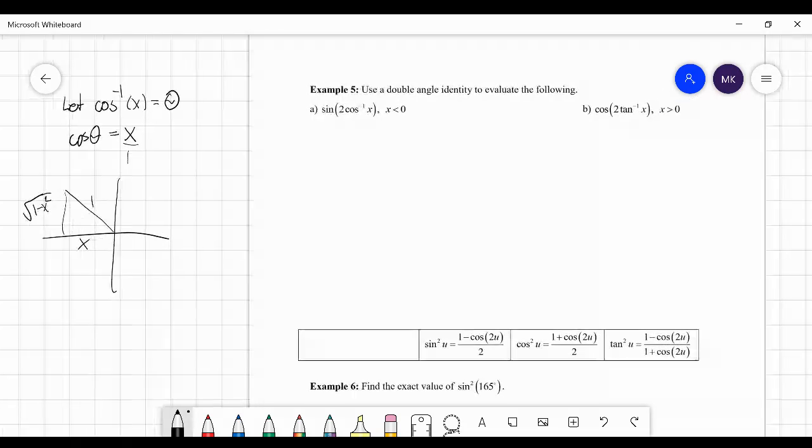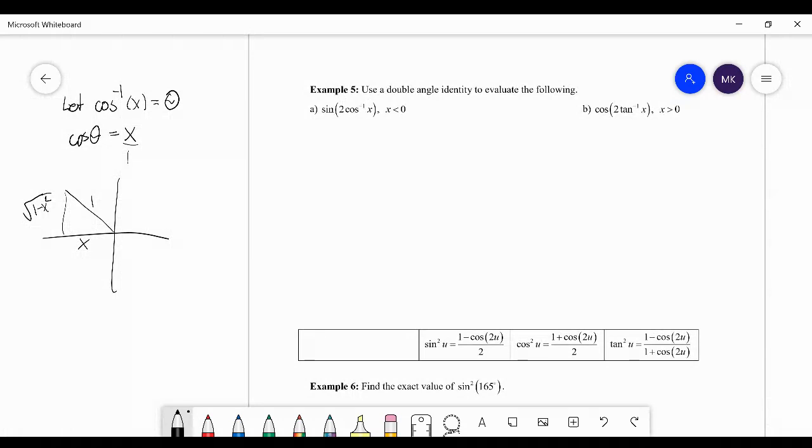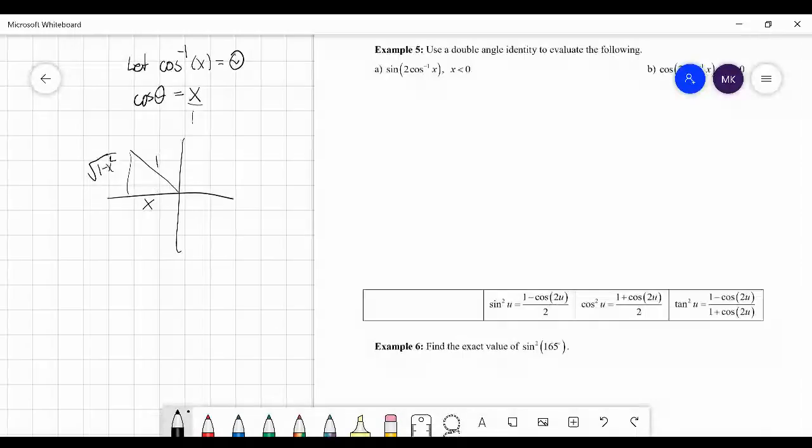Now, you may wonder, if x is less than 0, why isn't this angle down here? That goes back to the domain and range of inverse cosine.